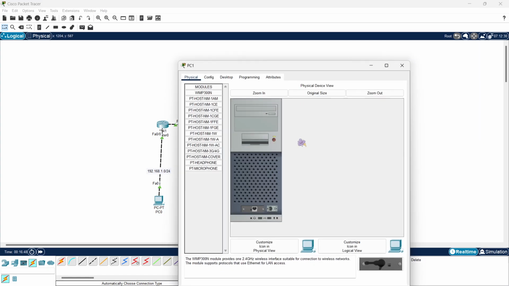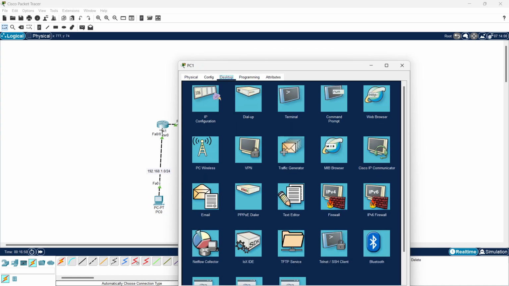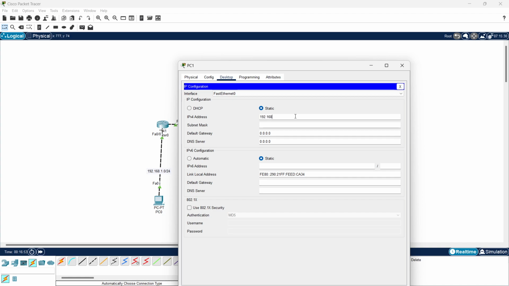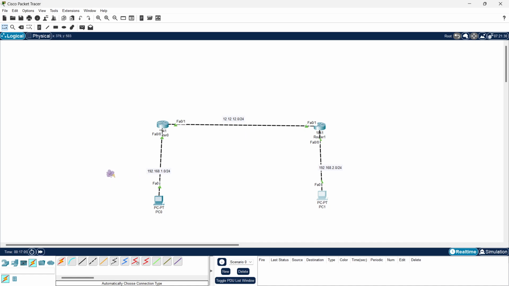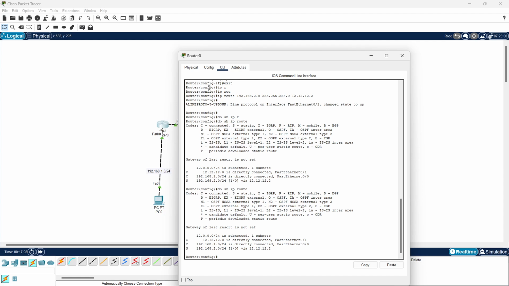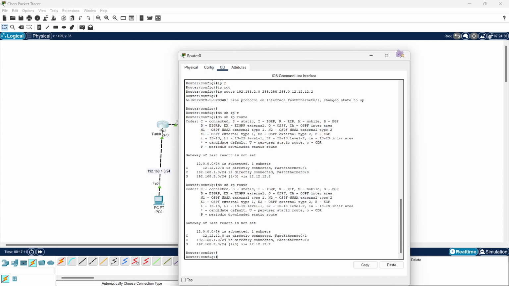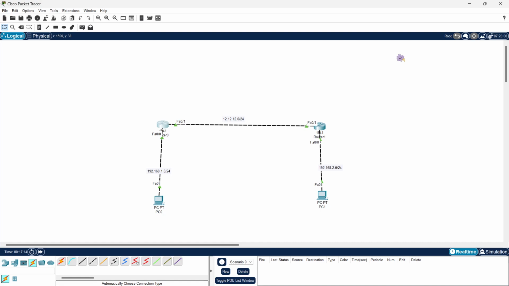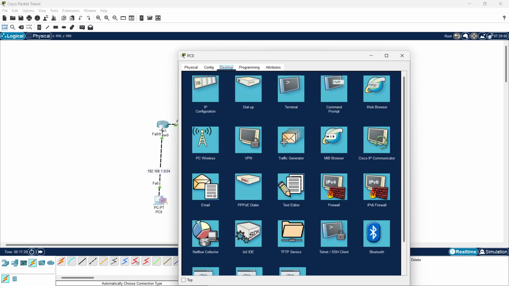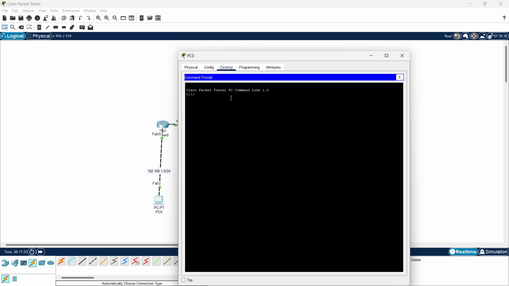Okay, so for the next PC, we add 192.168.2.2. Okay, so after that, we're going to test ping from the first PC to the second PC.